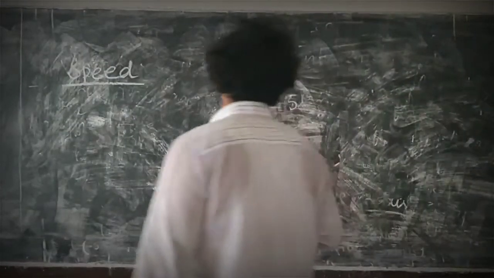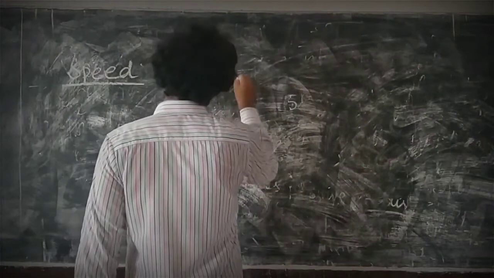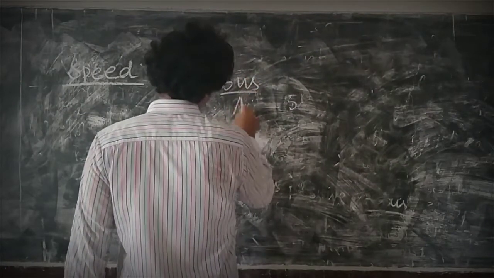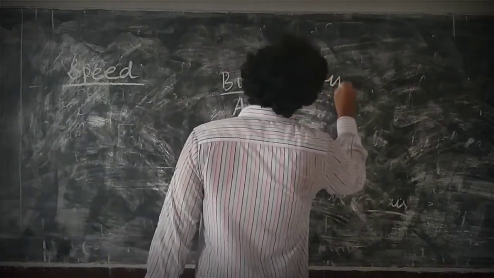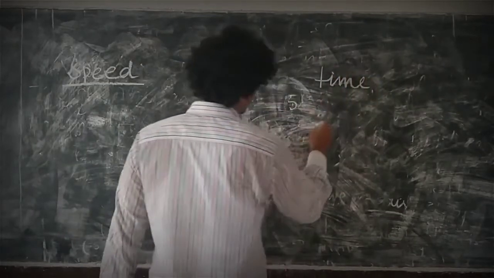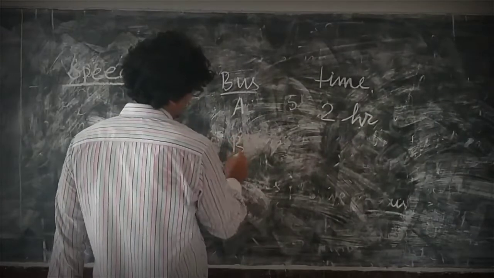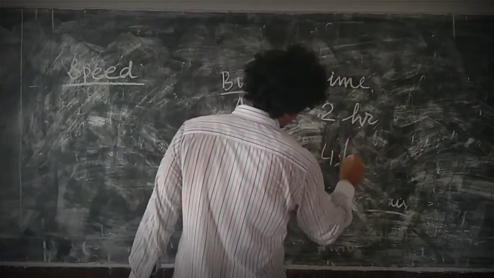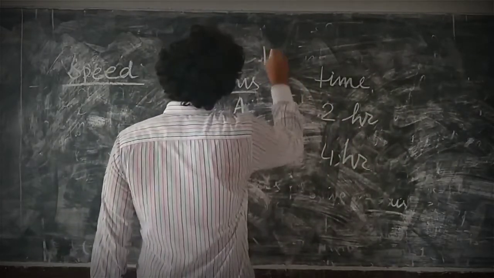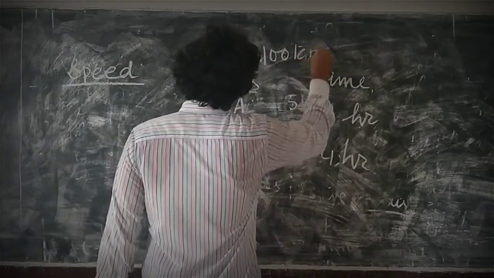Let us write the example. Here is the bus and here is the time. Bus A is taking 2 hours and bus B is taking 4 hours, and the distance is 100 km.